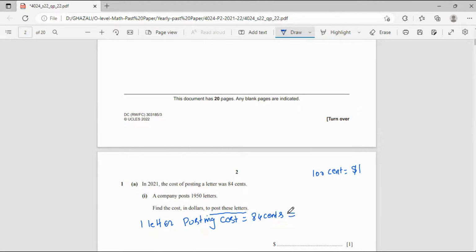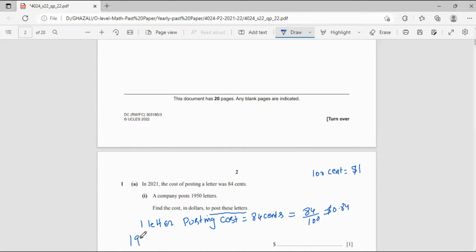We divide 84 by 100, which gives 0.84 dollars. Now, next step, we have to calculate the 1,950 letters cost.